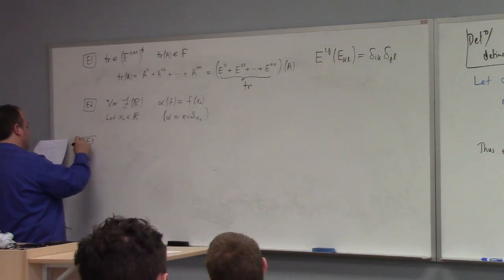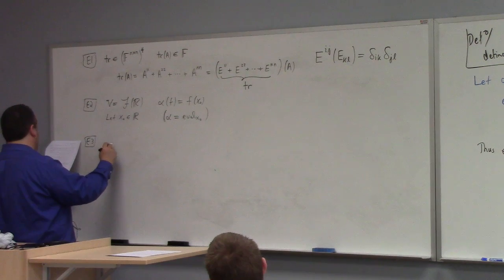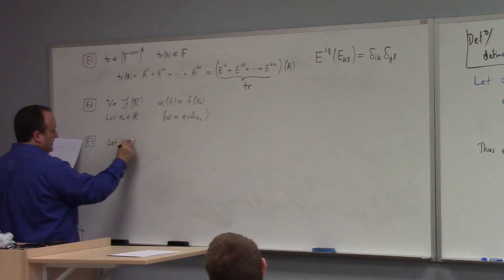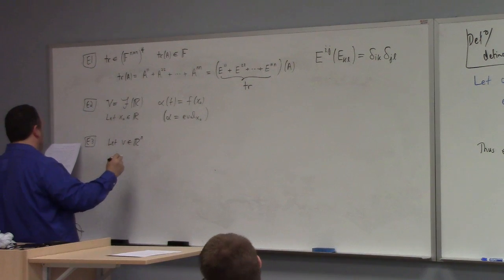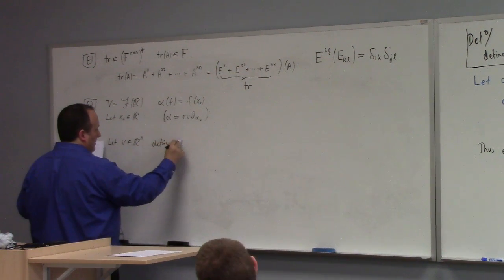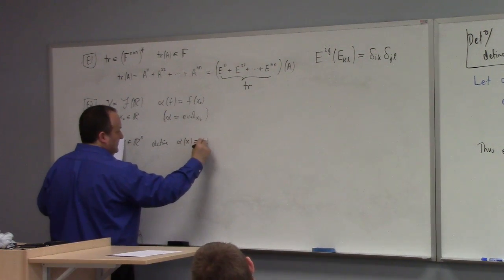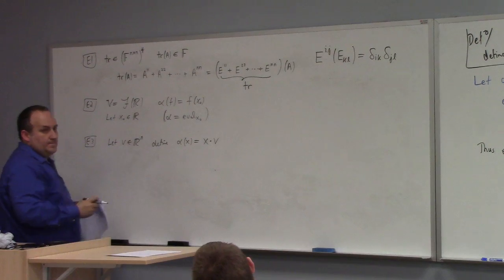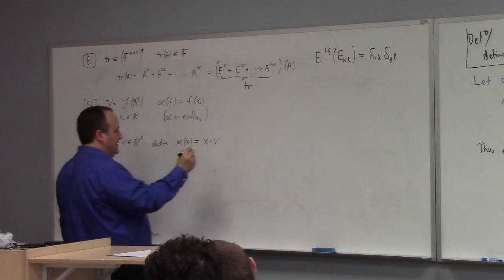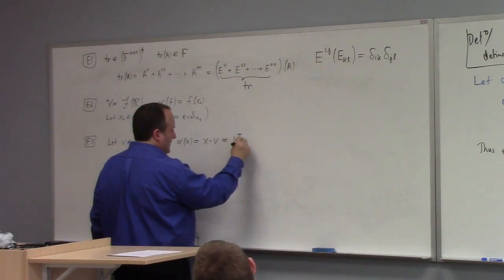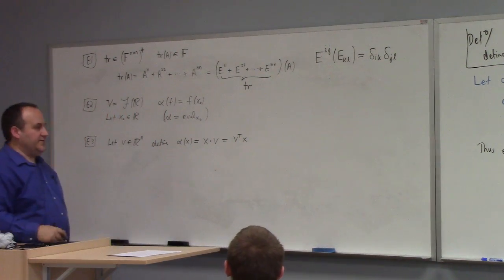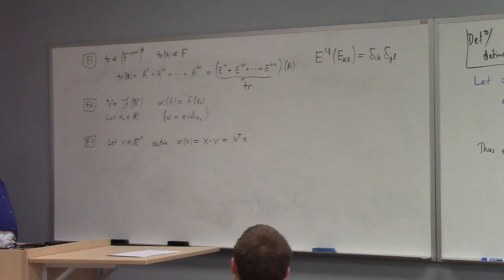Example 3. We could let v be an R^n vector. Define alpha of x equal to x dot v, or if you prefer, you could write it as v transpose times x. For this reason, sometimes people say that the dual vector to a vector is a row vector, because there's a natural correspondence between the dot product and row vector multiplication.